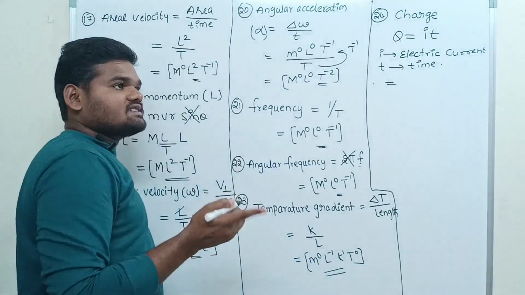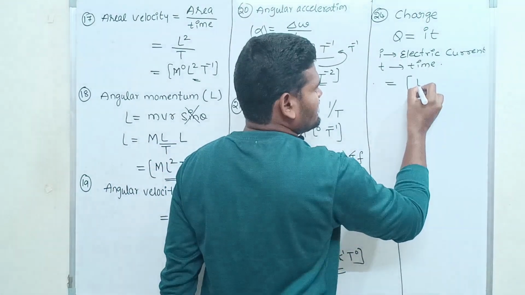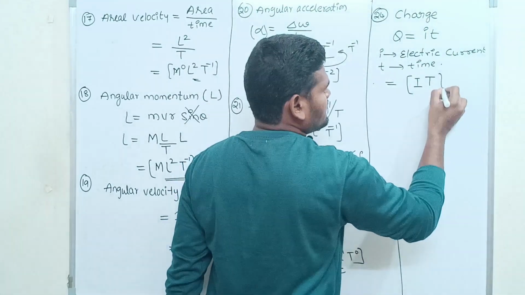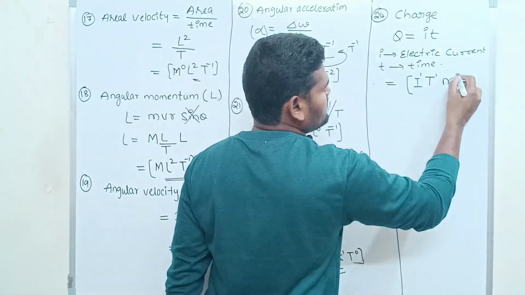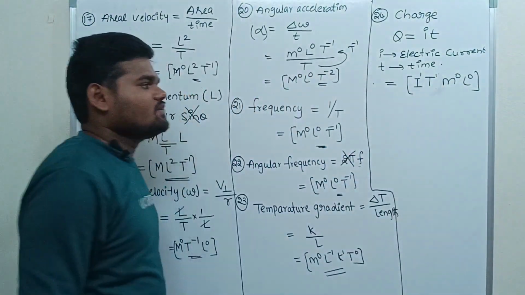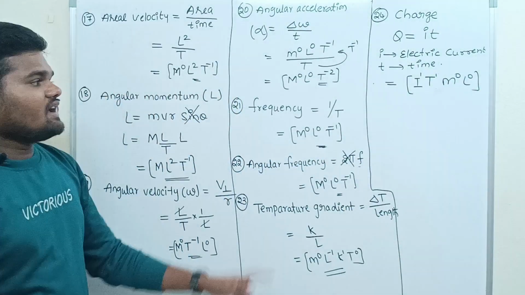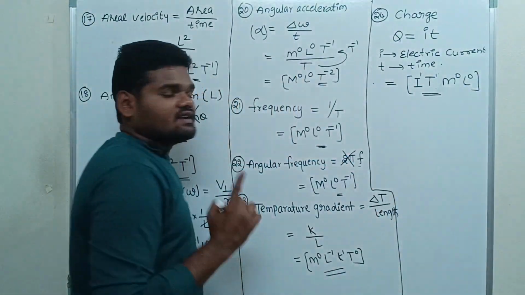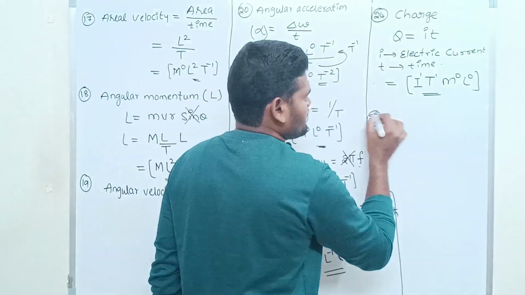What is the electric current's dimensional symbol? Capital I. T means time. So I power 1, T power 1, and M power 0, L power 0. If you place M power 0, L power 0, okay, otherwise, leave it. I power 1, T power 1 is the dimensional formula of charge. Are you getting? Right.